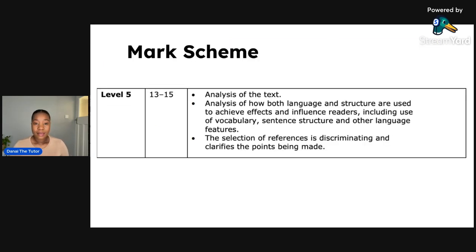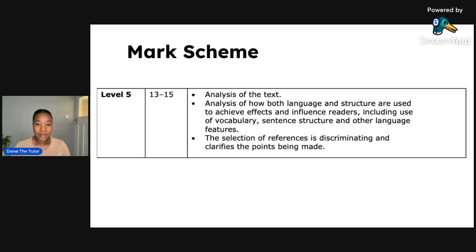So the mark scheme, if you want to get the most marks for this question, you're looking at level 5, which is where 13 to 15 marks can be attained. So when we are seeking to achieve the top marks for this question, you want to make sure that you're analyzing both language and structure.